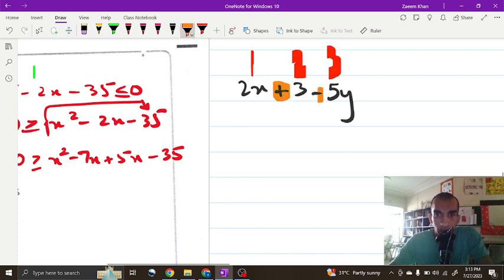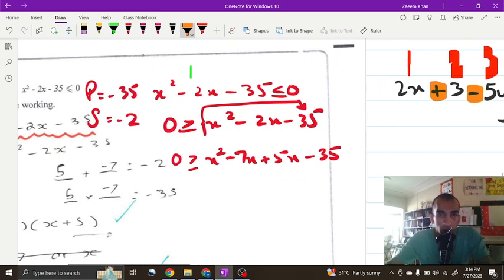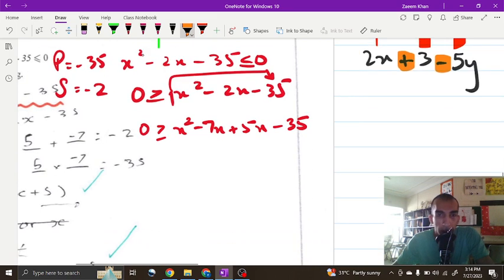All these terms are demarcated by these plus and minus signs. How many terms do we have over here? 4. 1, 2, 3 and 4. Whenever we have 4 terms, what do we do? How do we factorize it?